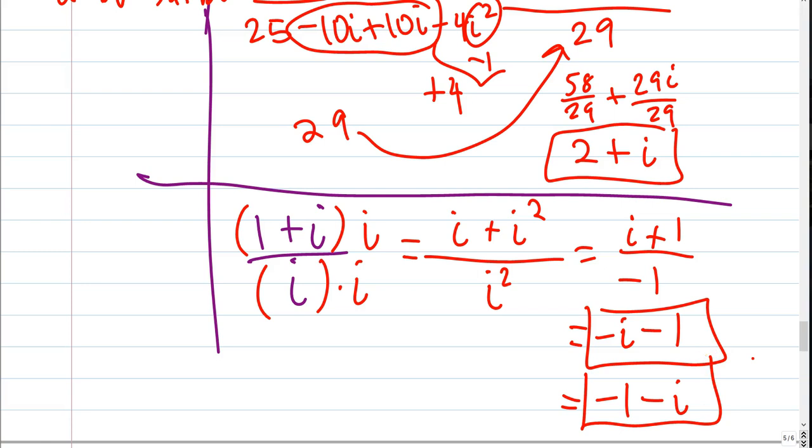This is not that hefty of a section. The scariest thing is dealing with the i's, so just be careful. Let me throw a couple more out there of what I think is the harder thing. If I had, let's just say, i to the 18th.